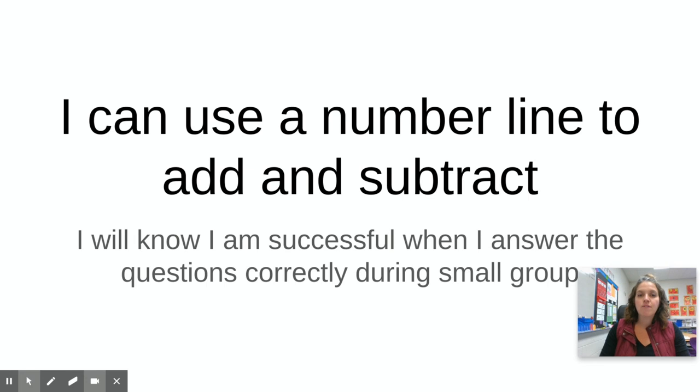Raise your hand for those who have already used a number line before. I should see everybody's hand in the air because when we do our frog jumps on those decade days, everybody was using a number line. So we're going to use a number line to add and subtract, and you will know you're successful when you can answer the questions correctly during small group.